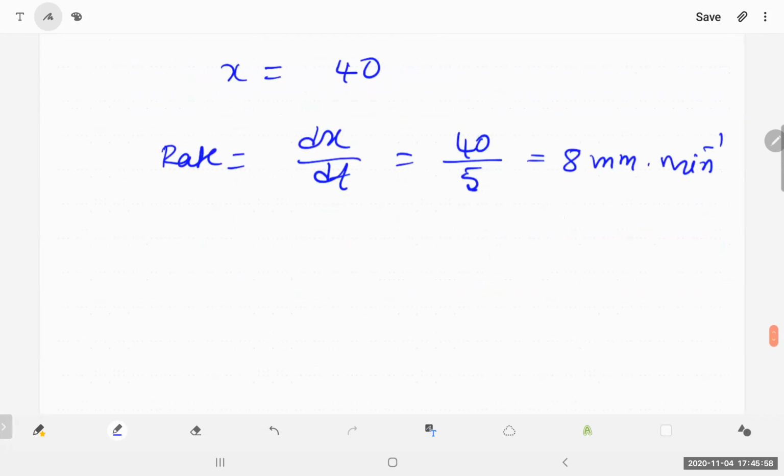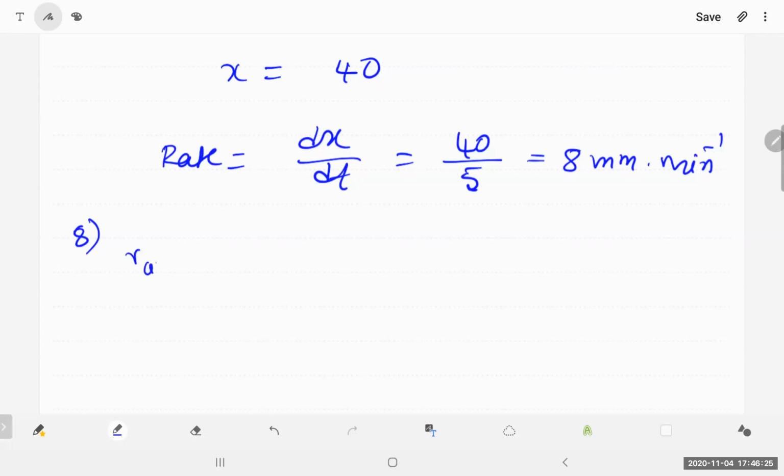Got it? Then eighth question. Concentration of reactant A is changed from 0.044 to 0.032 in 25 minutes. The average rate of the reaction during this interval is? What is average rate of reaction? The rate of the reaction at definite intervals of time.